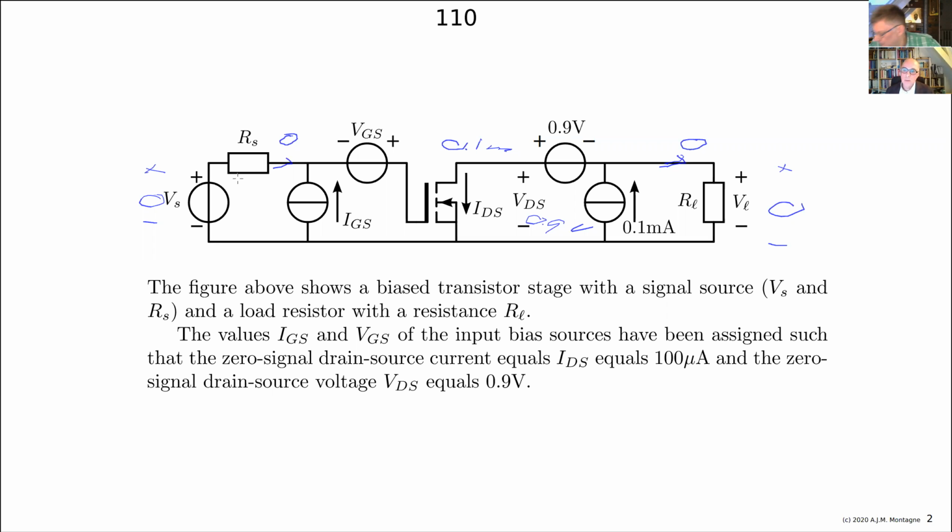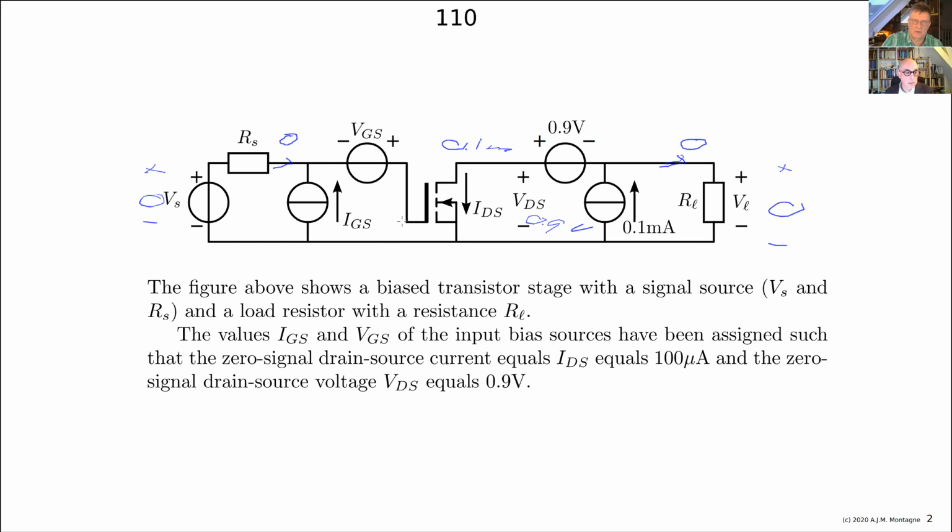For any DC termination here, you can leave it open, you can short it. And here, the operating point is defined by these 4 sources. Of course, this is only valid for one temperature and one device, the temperature and the device at which you have determined the VGS and the IGS to create this condition.